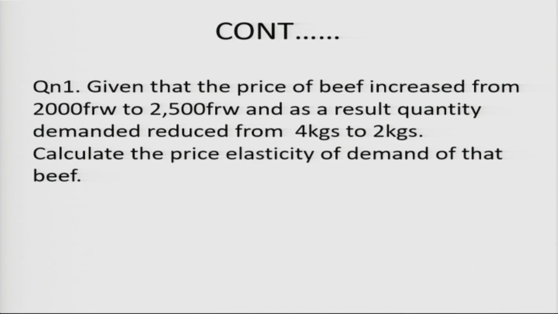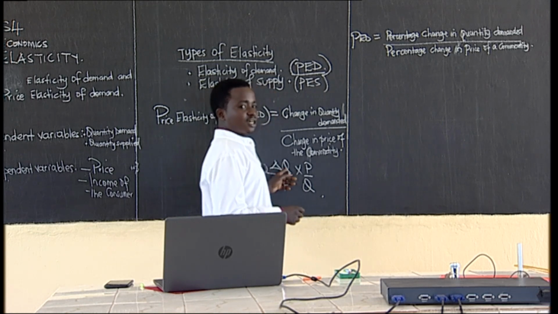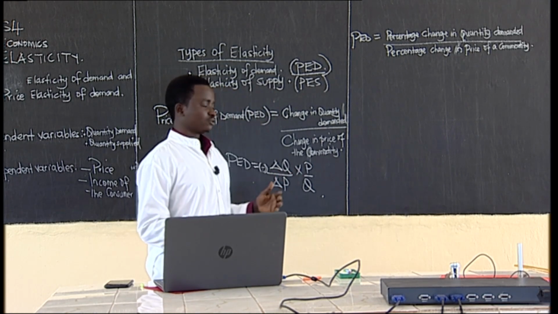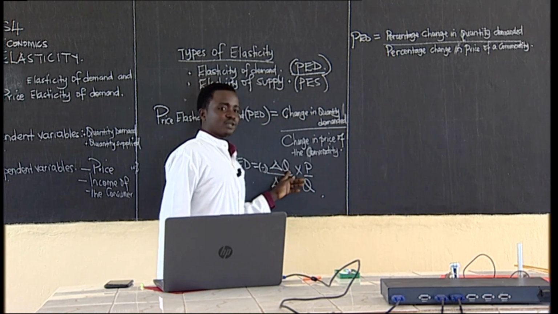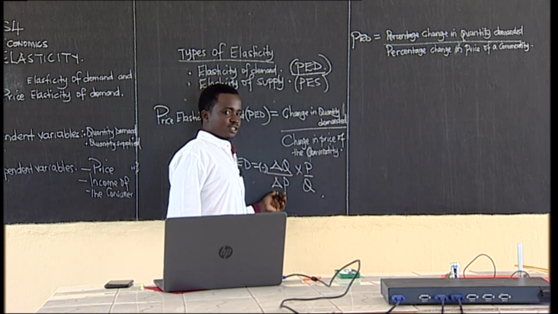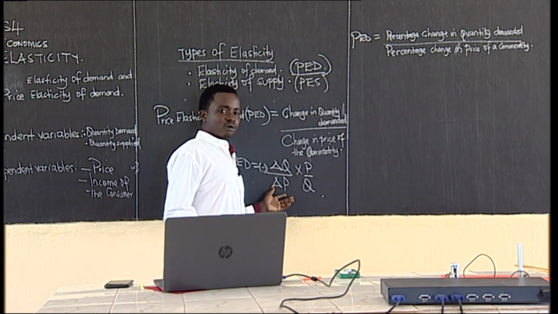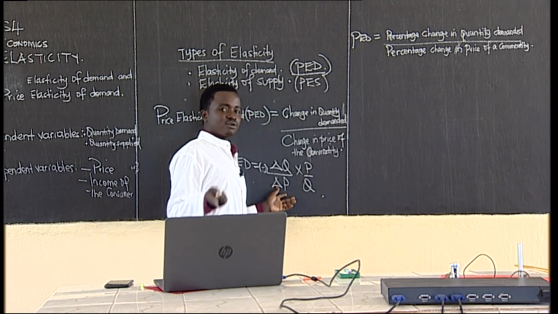You can use this formula. And remember how to calculate the change in quantity demanded: you get the final quantity, quantity 2, minus quantity 1. Then for the change in price, you know how to do it: price 2 minus price 1.